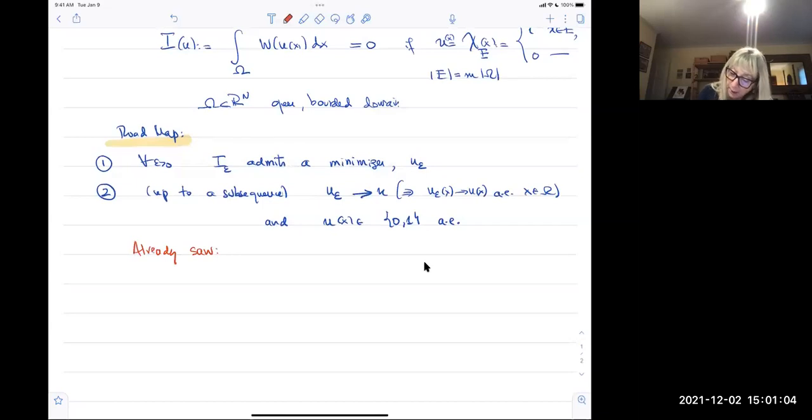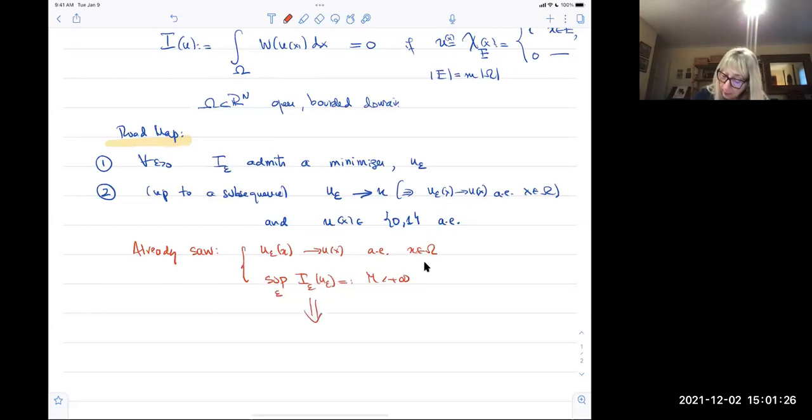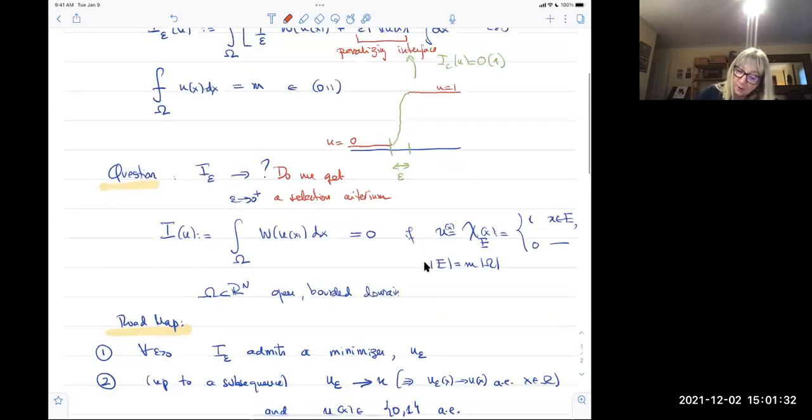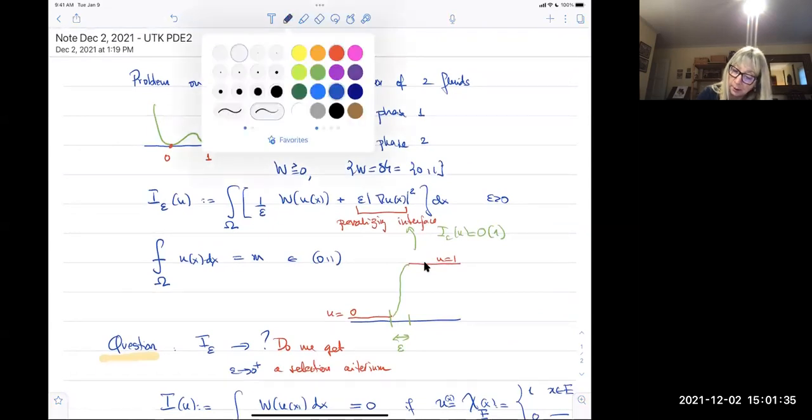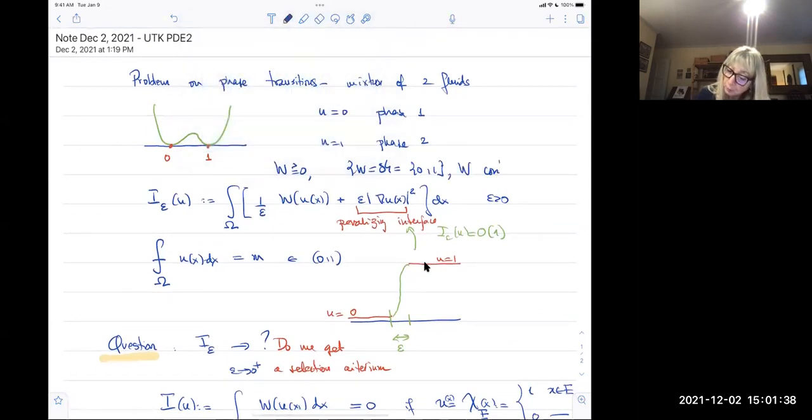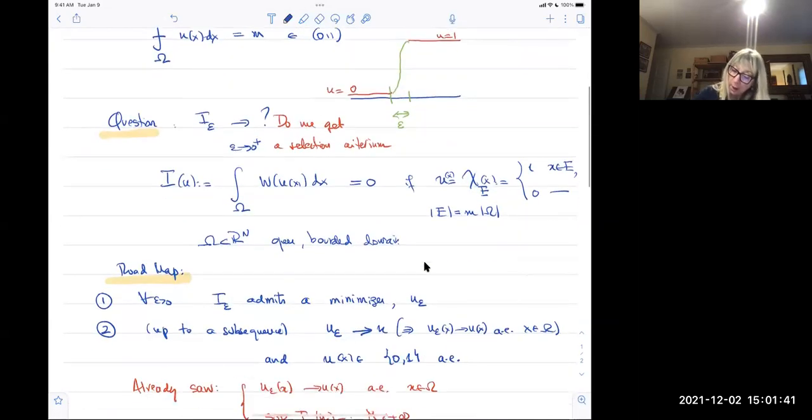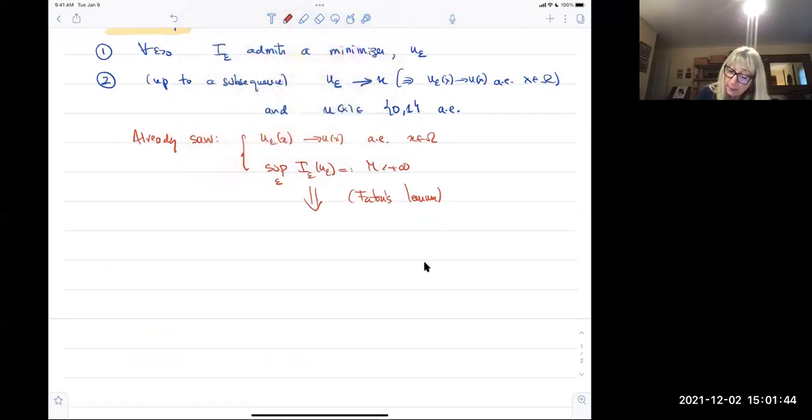We already saw that if the u epsilons converge to u pointwise almost everywhere, and if they are uniformly bounded in energy, we proved last time, using Fatou's lemma, and here all I used was that W is continuous, and I'm still going to assume that W is continuous, at least at this point, that you would have this fact for free.